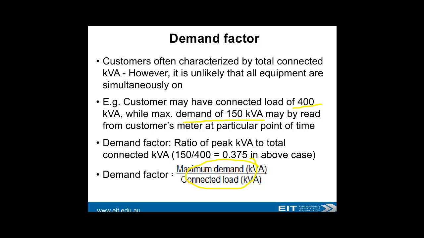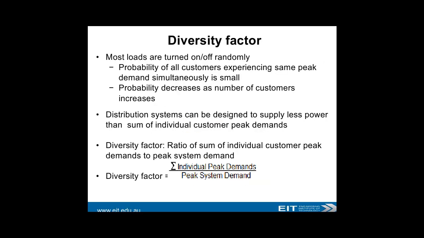So it's 150 kVA maximum demand divided by 400 connected load. As you can see, the connected load is huge, but there's no way that you're going to have everything running at the same time. Diversity factor is another important issue, which is the sum of individual peak demands divided by the peak system demand.